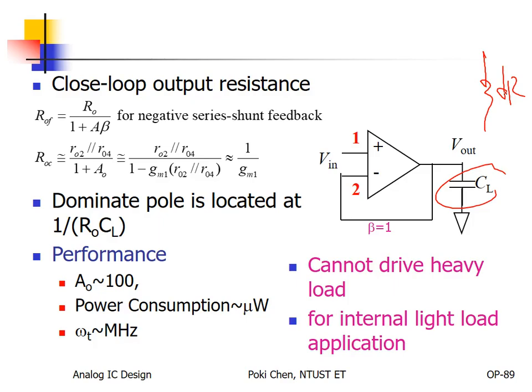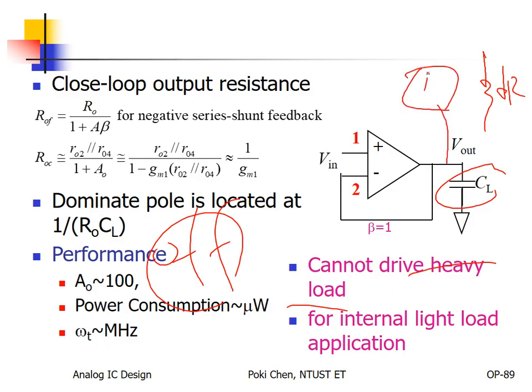Since it cannot drive heavy load, it means what? For off-chip application, if you would like to drive the other out of your chip, it's a big business because your output need to connect to the I/O pad, then bonding wire, then the output load means a lot of parasitic capacitance.